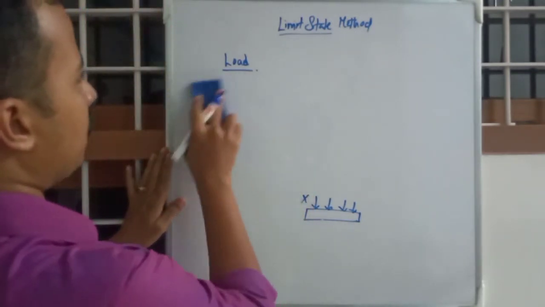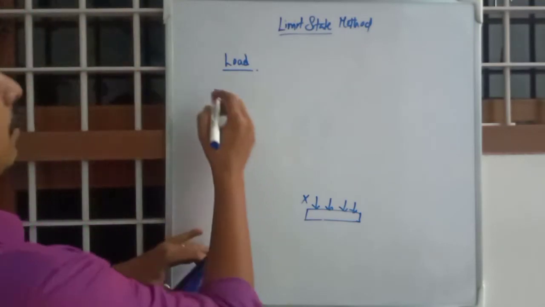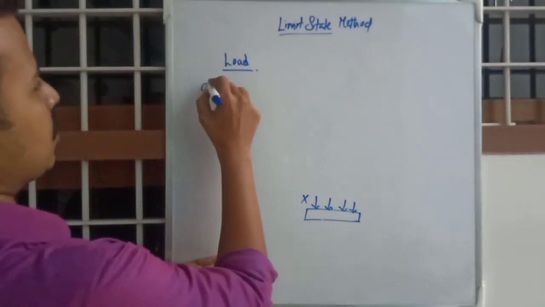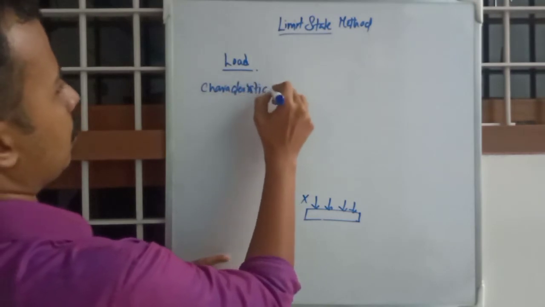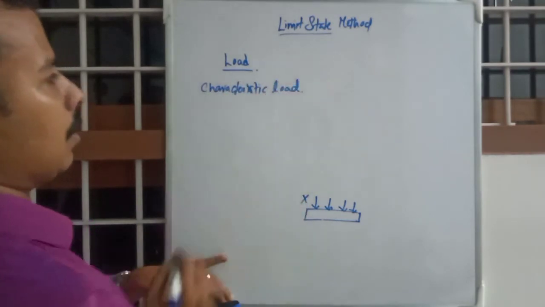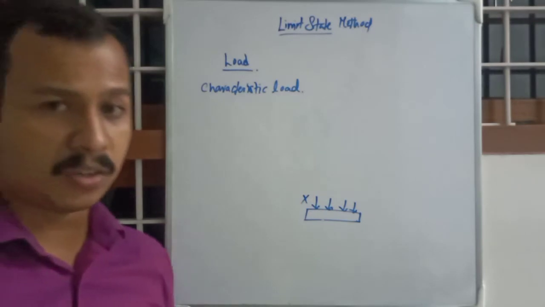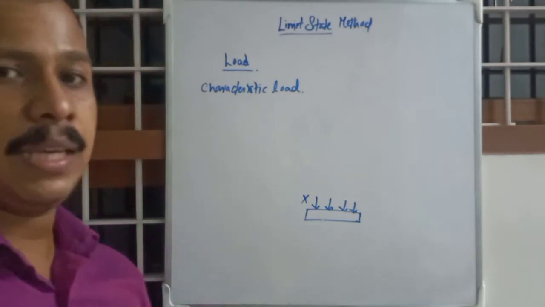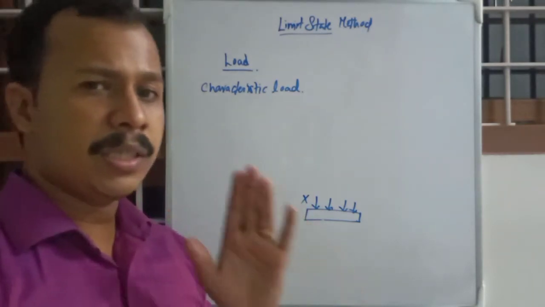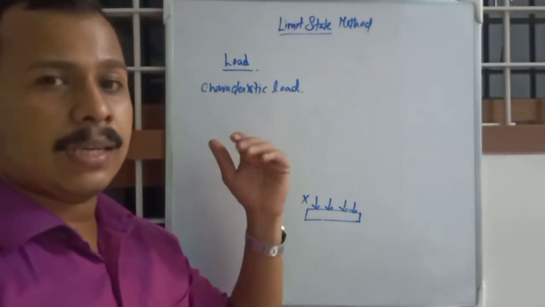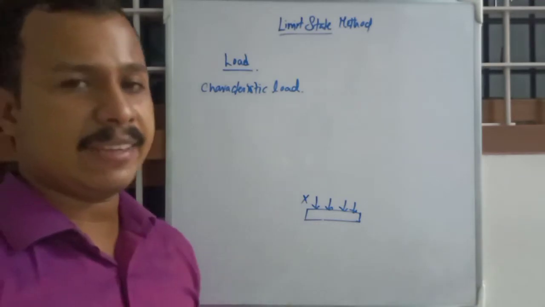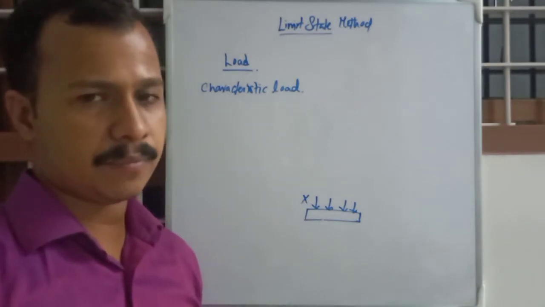And for that we have some terms. First one, characteristic load. Characteristic load means the load that has a 95% probability of not being exceeded.